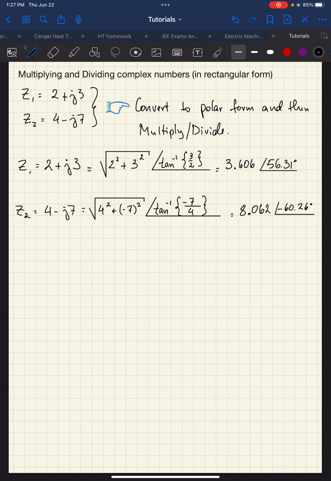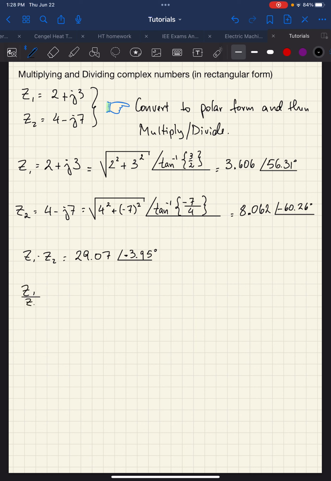And now you're ready to rock and roll. Multiplying and dividing now is very easy. If you multiply them, you should get something like this, 29.07 at an angle of minus 3.95 degrees.